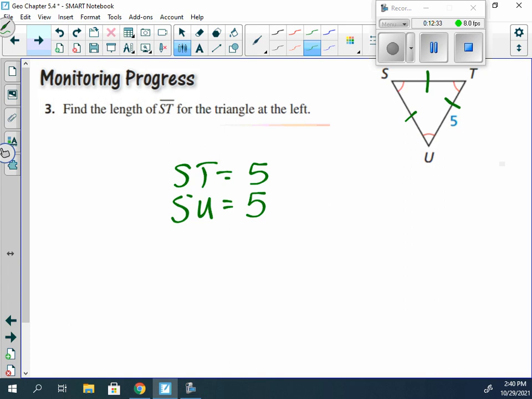No, because we're talking about the measure of the angle. So when we talk about the measure of the angle, we don't need the line because we're not talking about its length. If we're talking about the line itself, then we do need it. And what would the measure of each one of these angles be? Because if it is equiangular, all three angles will be 60 degrees.